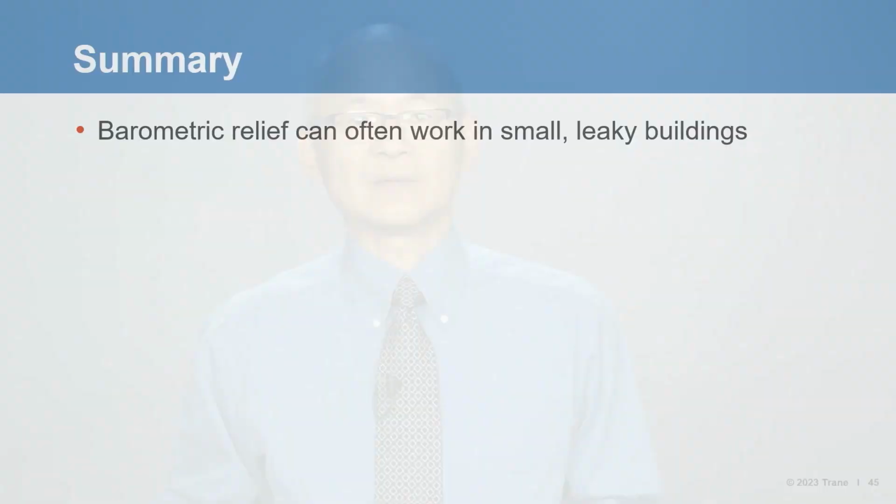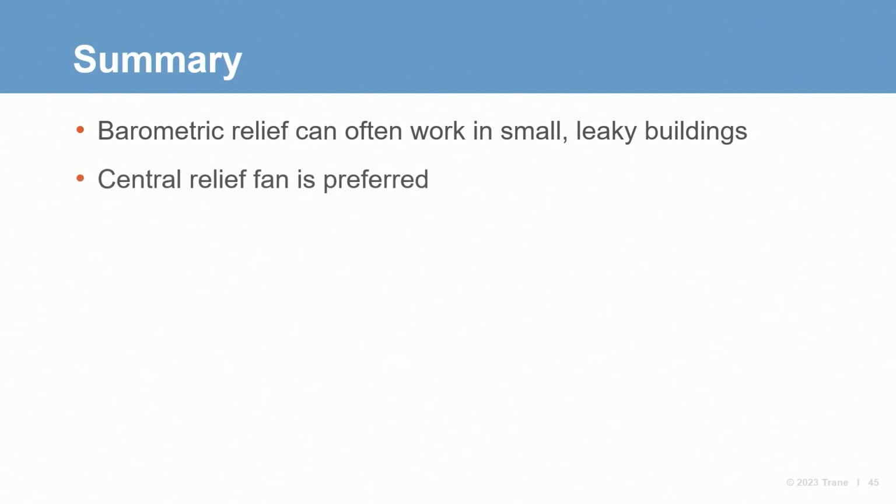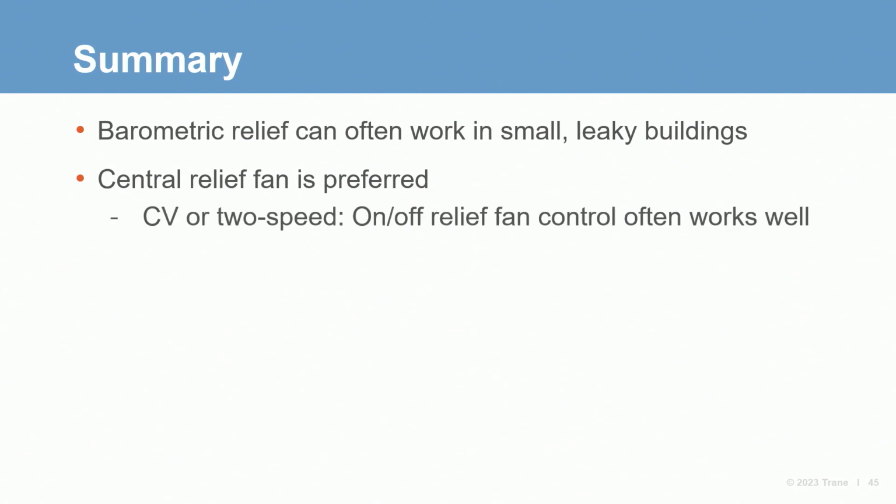We have covered a lot of ground, so let's recap. Barometric relief can work in smaller leaky buildings. A relief damper located in or near the occupied space works better than an undersized central barometric relief damper. Using a relief fan is preferred. On-off control of this relief fan often works well in systems with constant volume or two-speed fan control and airside economizers.